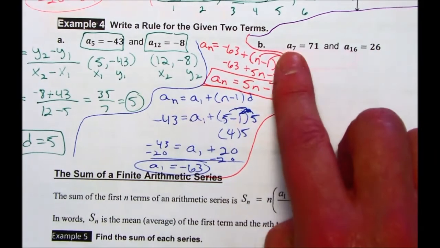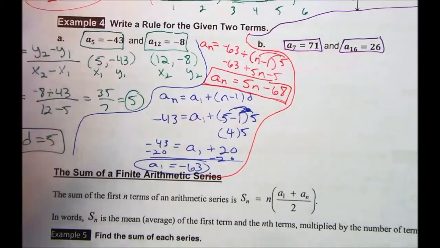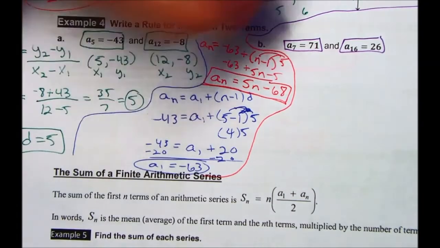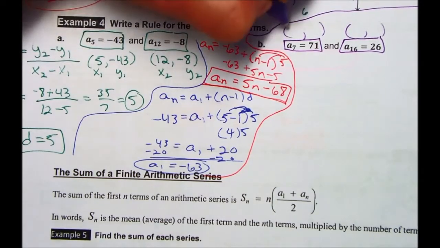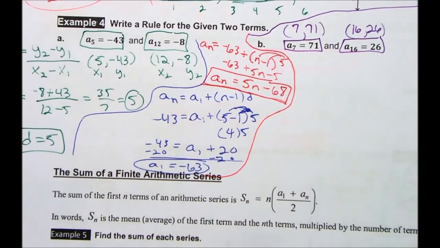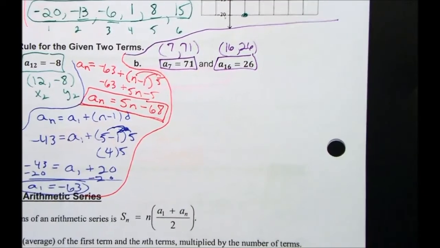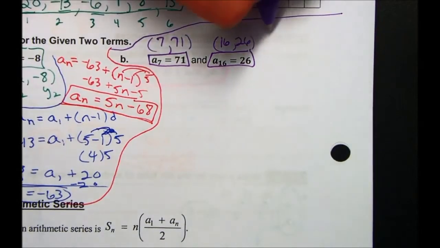Okay, so we're given 2 terms in the sequence, and we need to write the rule. Those 2 terms you can rewrite as points, (7, 71) and (16, 26). From those 2 points, we can find our common difference, which is basically the rate of change or the slope between these 2 points.